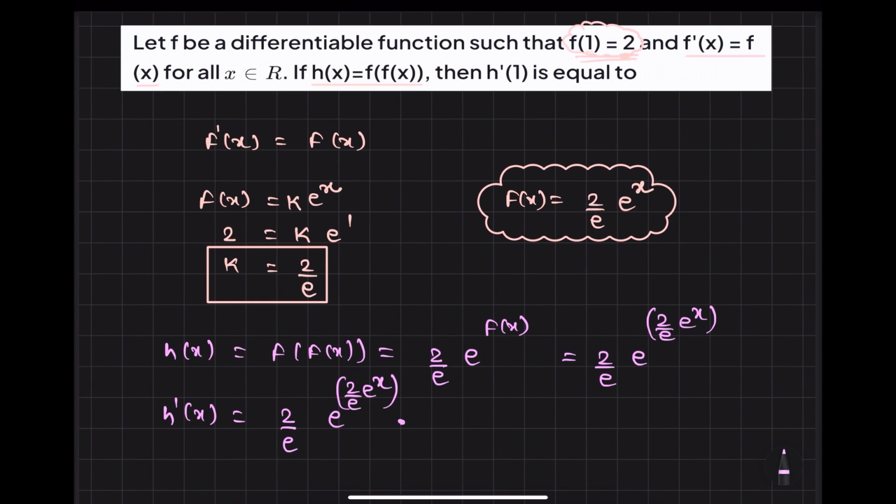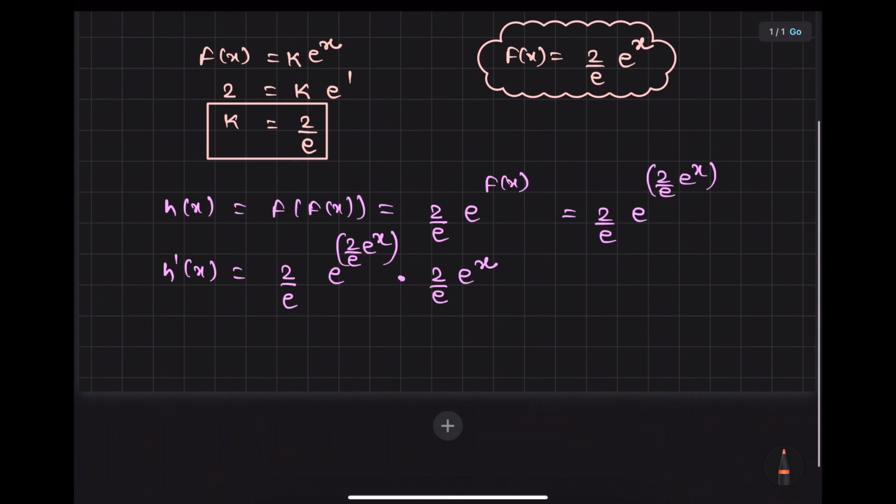Now you have to differentiate the exponent, which is 2 by e times e power x, constant outside. So the differentiation of h of x is this. Now what do we have to do? We have to find h dash 1. How will we calculate h dash 1? We will replace x with 1 and things are done.